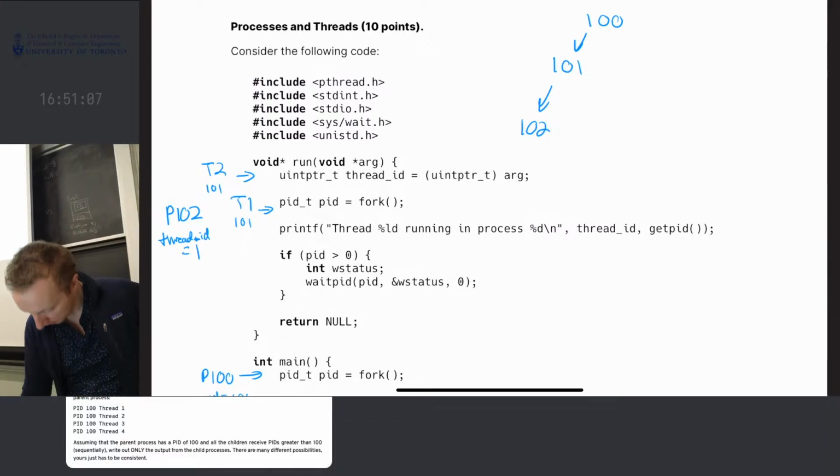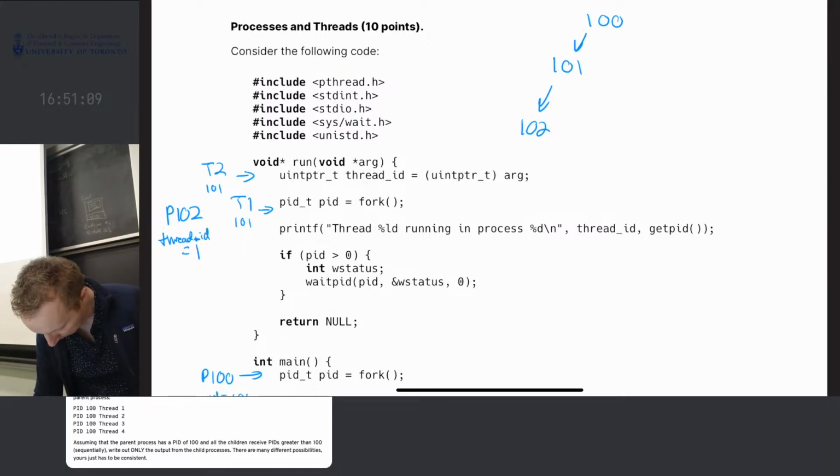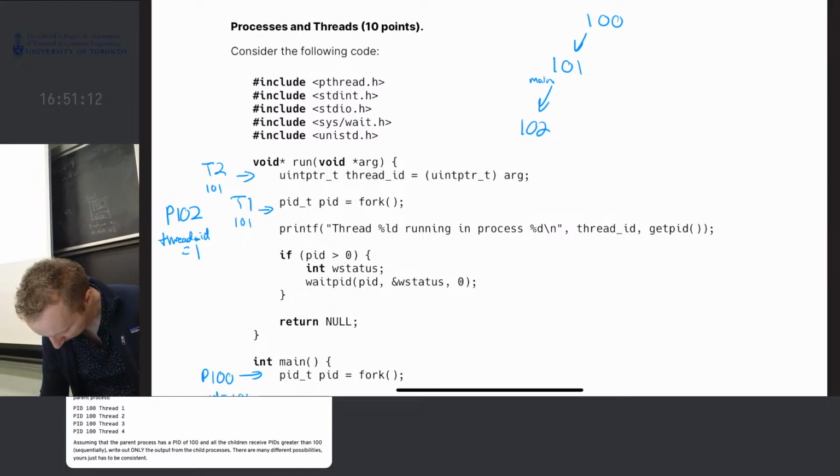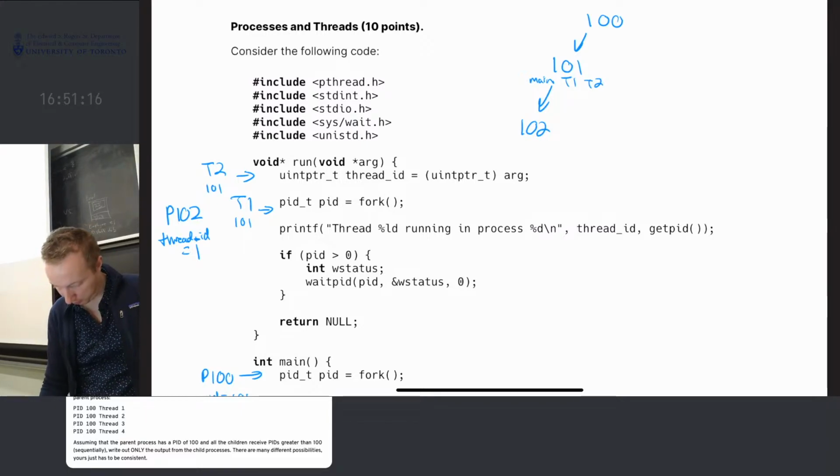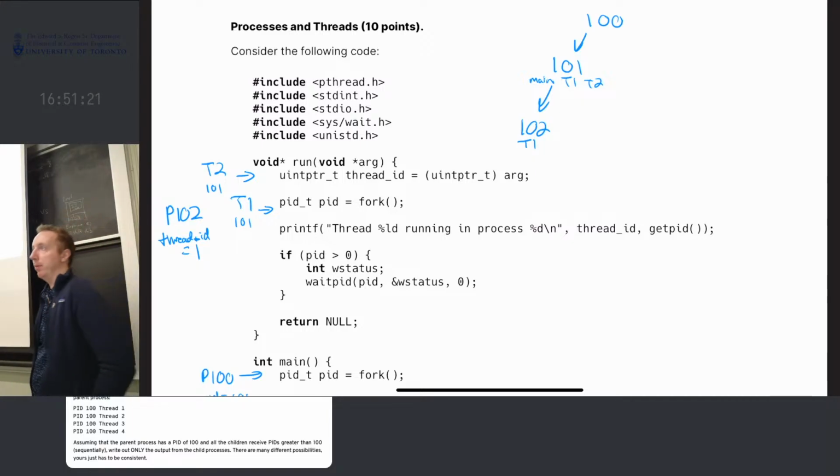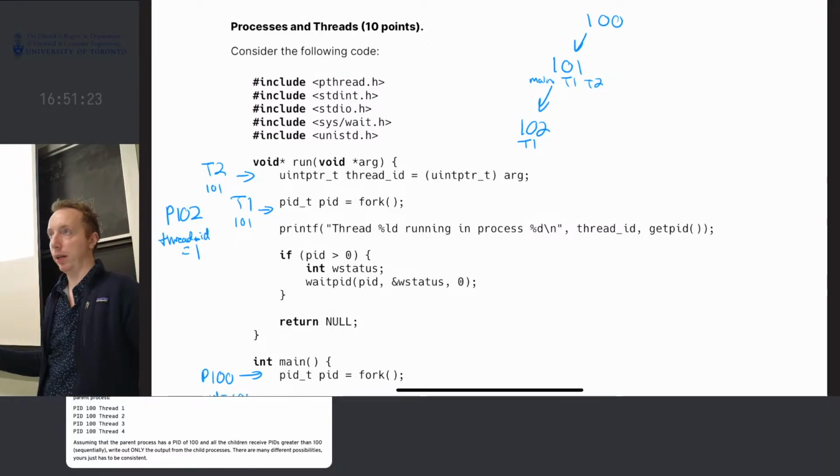So here, if we want to write out what threads we have too, in 101, we have a main thread, a thread 1 and a thread 2. In 102, it was kind of like a copy of thread 1, but it only has a single thread executing in it.